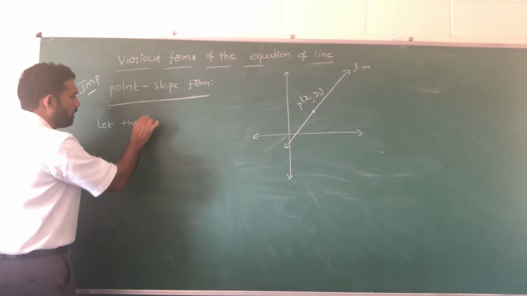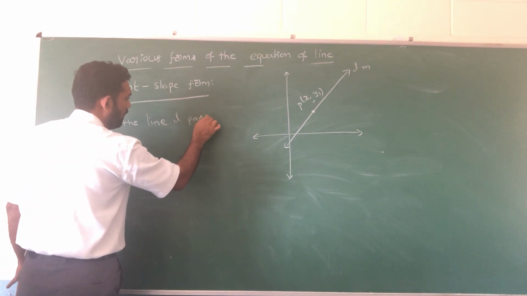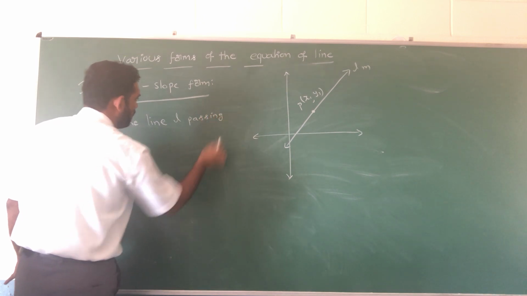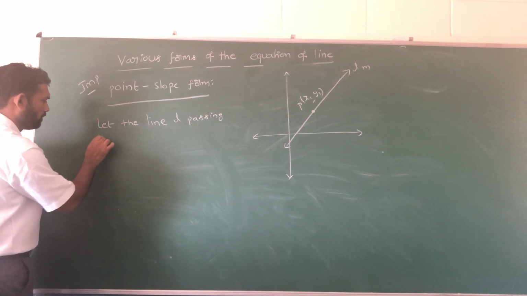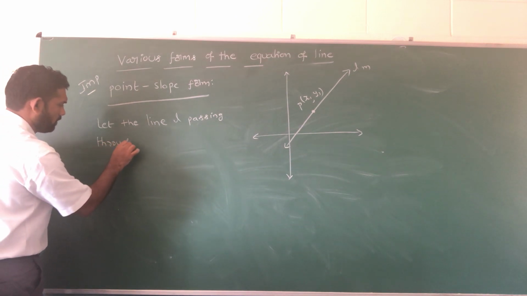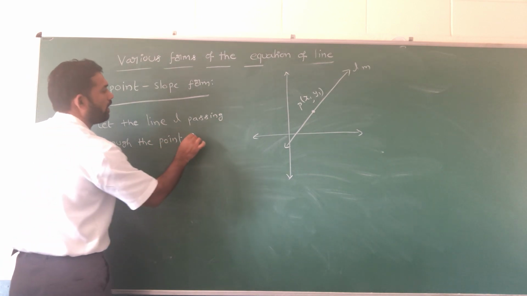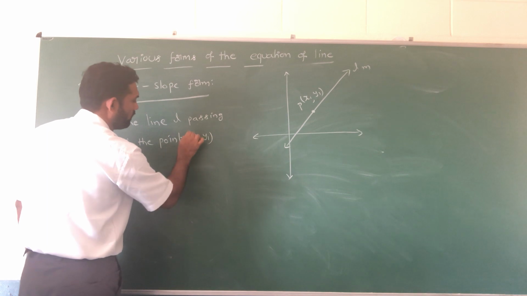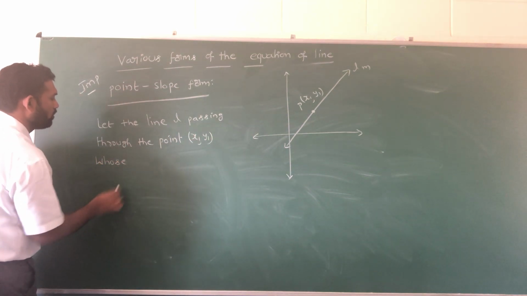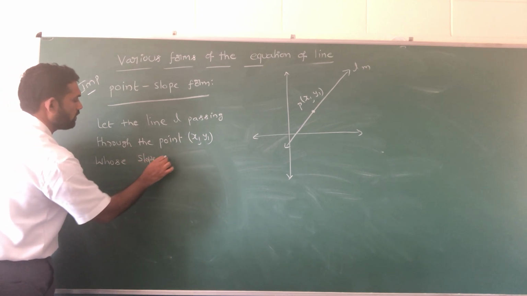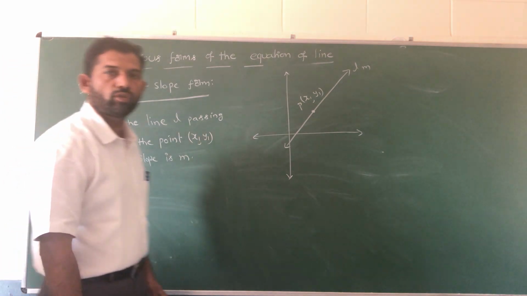Let the line L pass through the point (x1, y1), whose slope is m.